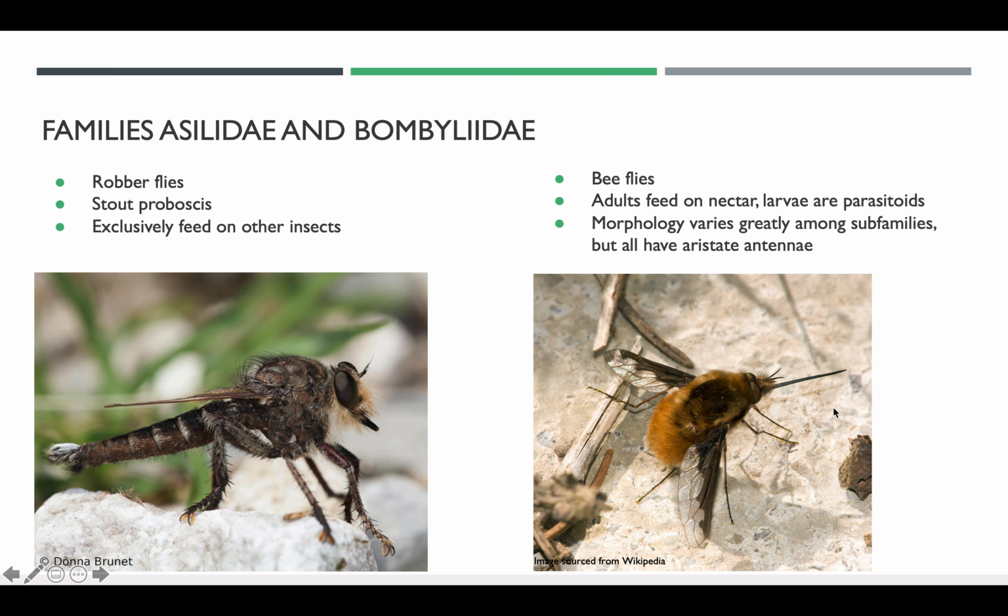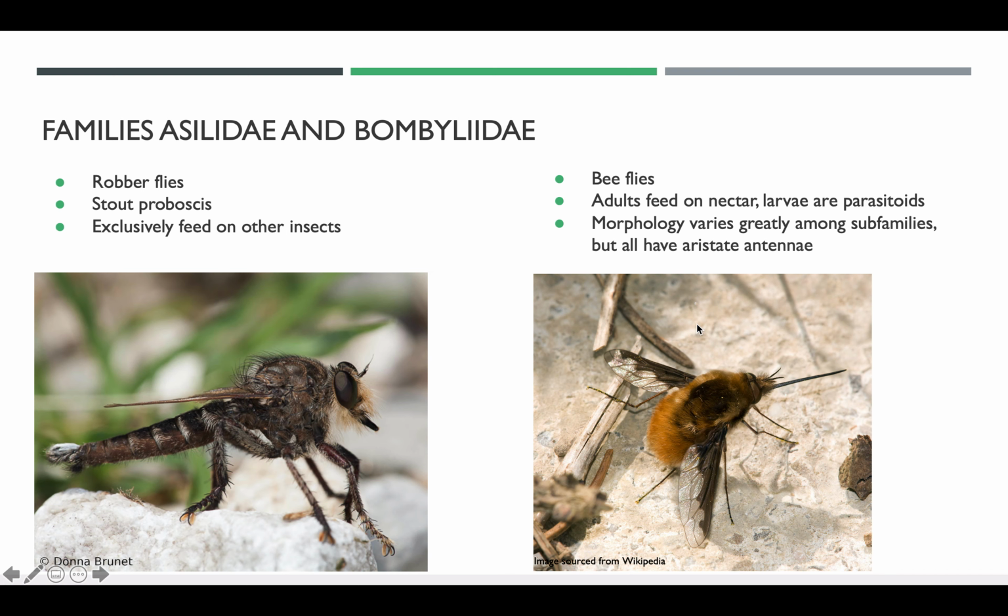And the last family I sort of wanted to bring up are bee flies. These are really interesting because they look kind of like bees, but they aren't bees. Bees are not flies, and we're going to be talking about bees in a little bit. But these are true flies that try to mimic bees, and the adults do feed on nectar, whereas the larvae are what we call parasitoids.